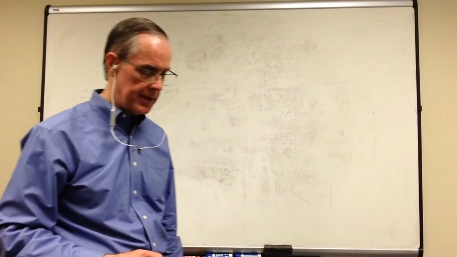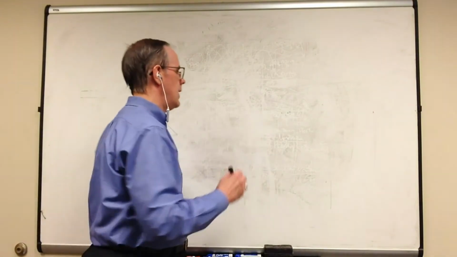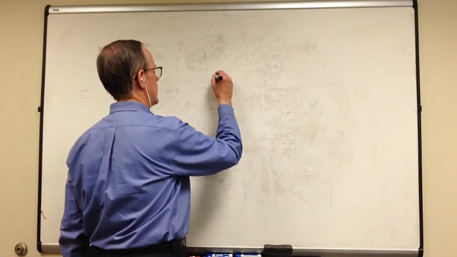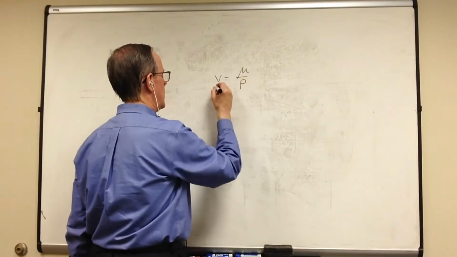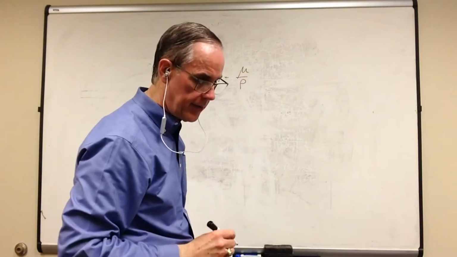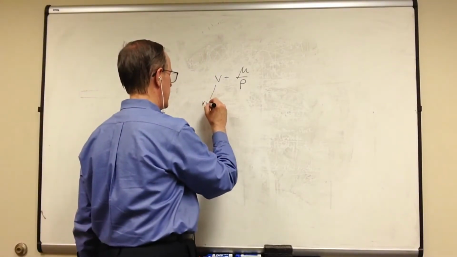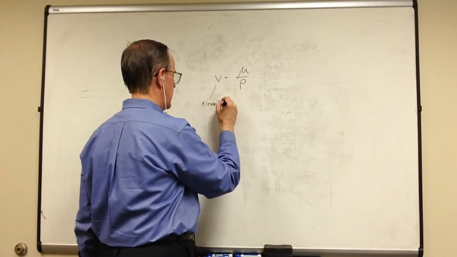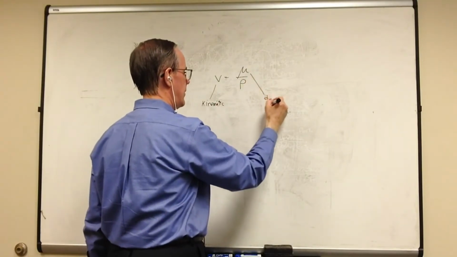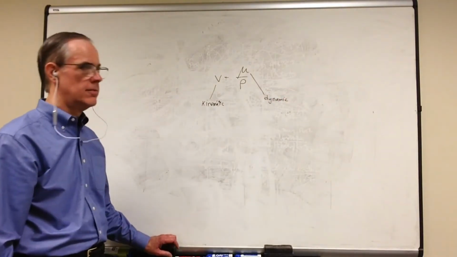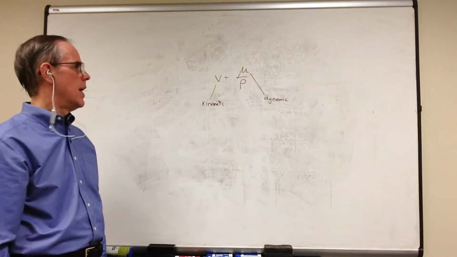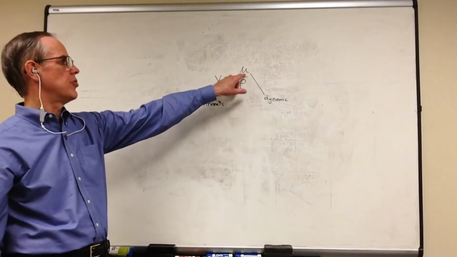One of them is to use mu, which is the dynamic viscosity, and the other is nu, which is the kinematic viscosity. And we will be obviously measuring this.